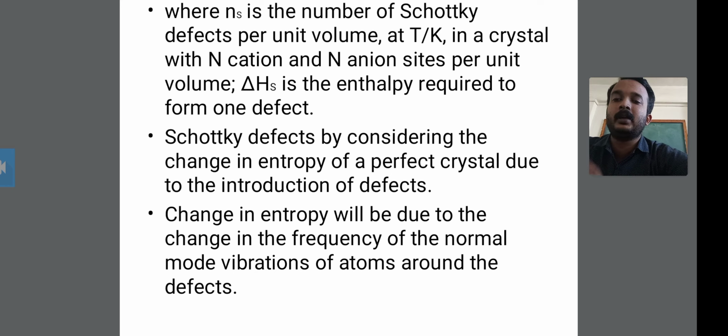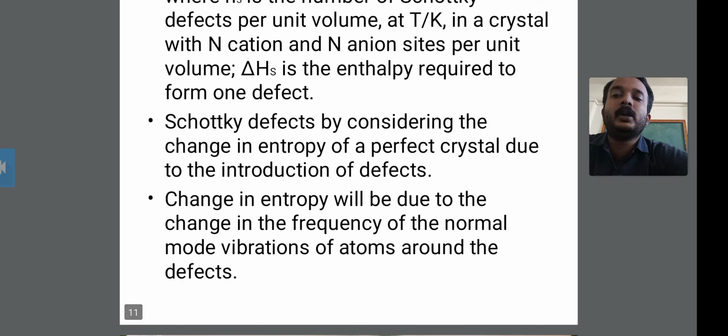Okay, the Schottky defects are considered by taking into account the change in entropy of the perfect crystal due to the introduction of the defects.